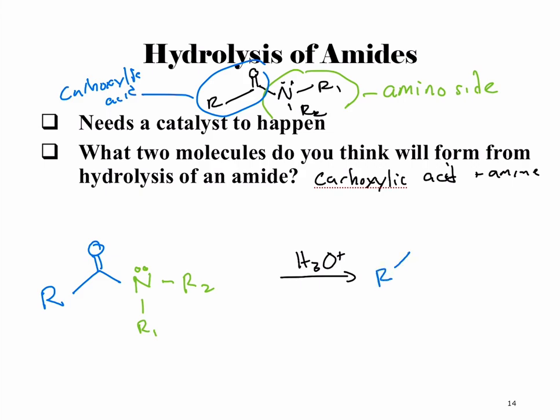And we will get ROH plus NHR1 R2. So this is our amine, and this is our carboxylic acid.